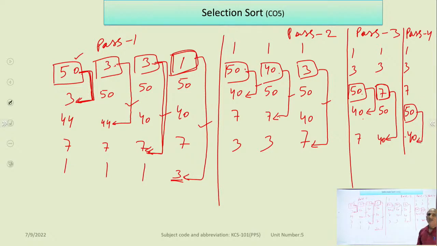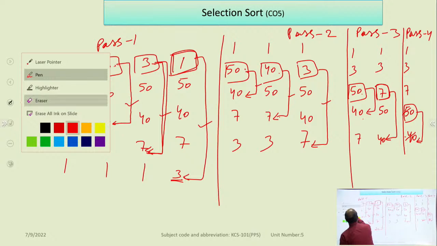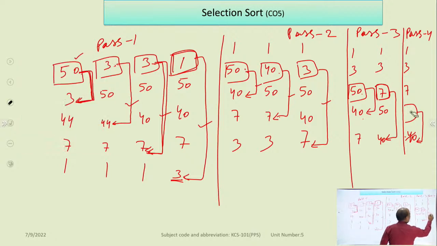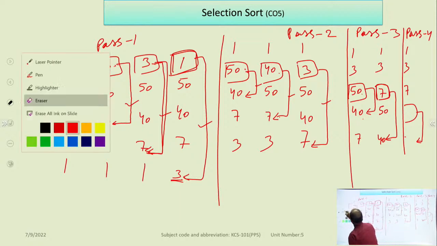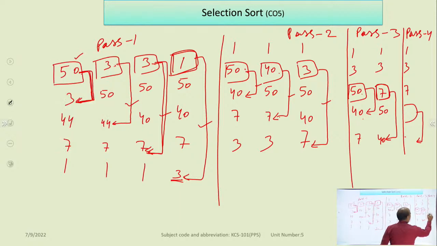Comparison and swapping are single operations; since there are 2 elements, one single comparison has to be performed, meaning this 40 and 50 will be compared and swapped. So 50 will come here and 40 will come to our place. So here there will be 40 and here 50 will come.